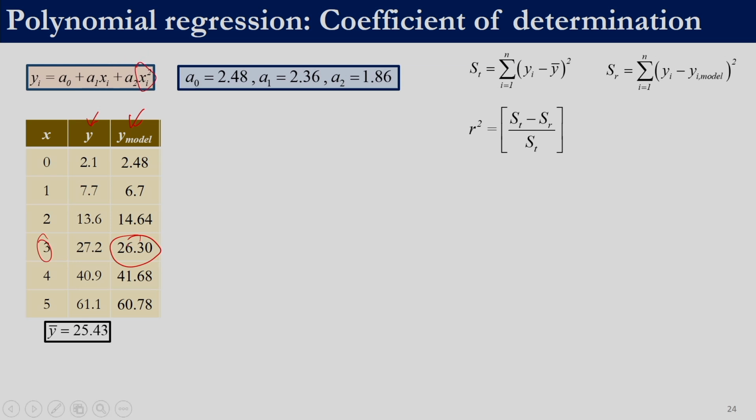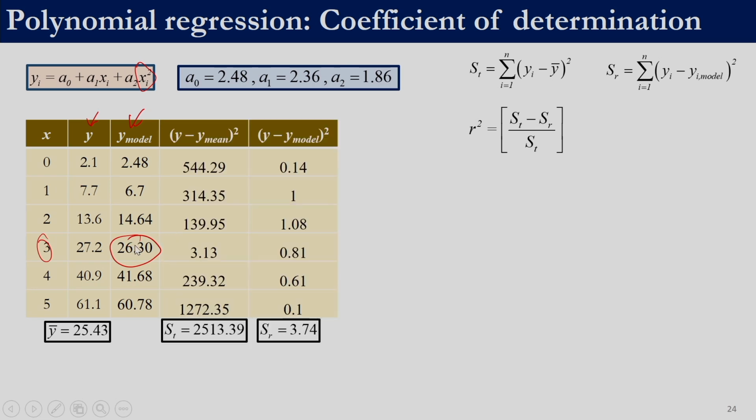So, that will be 26.30. That is how we calculate y model, and then the mean of y can be calculated, which is 25.43. Then y minus y mean the whole square can be calculated.